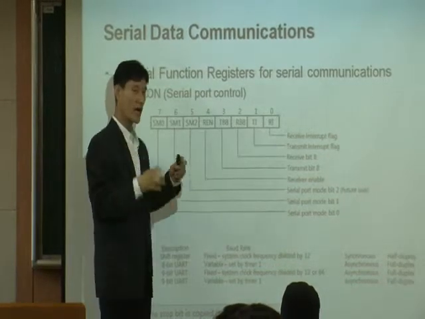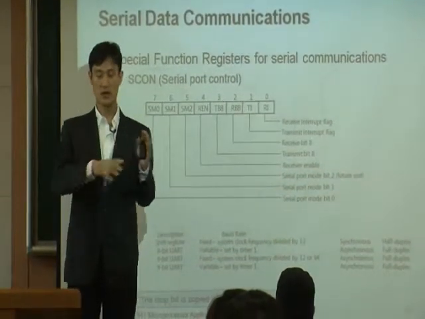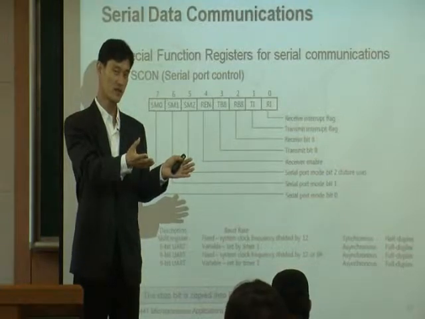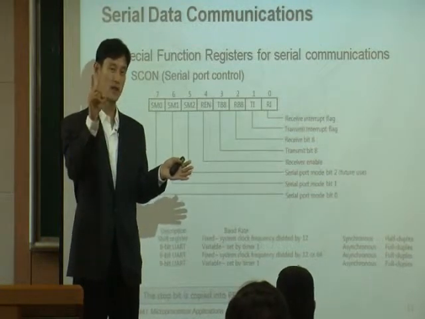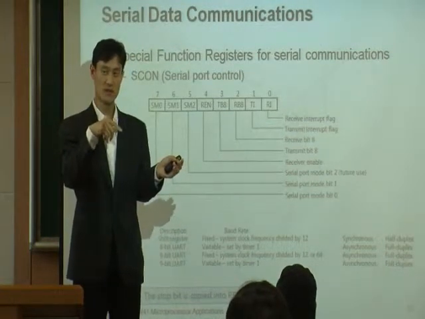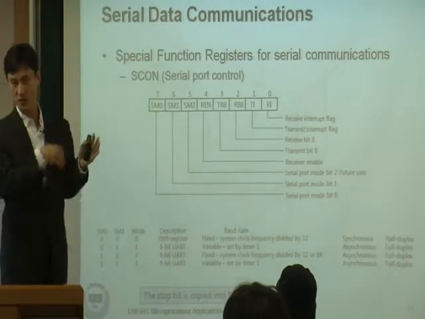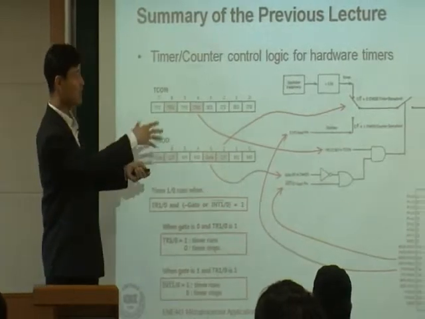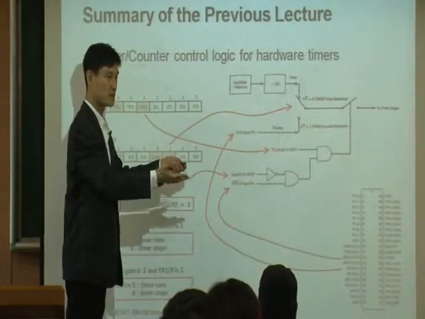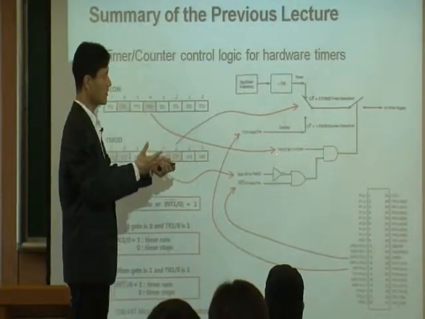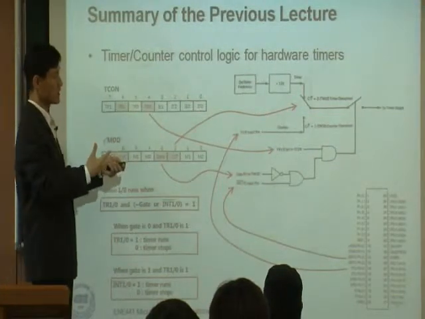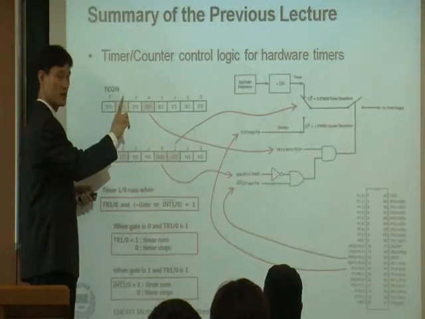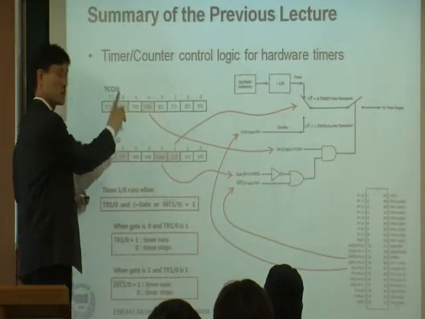Let's go back to timer hardware. Whenever the timer hardware overflows, now what happens? You have a TF bit set to 1. Remember that? Whenever the timer expires and the timer event occurs, this bit becomes 1.